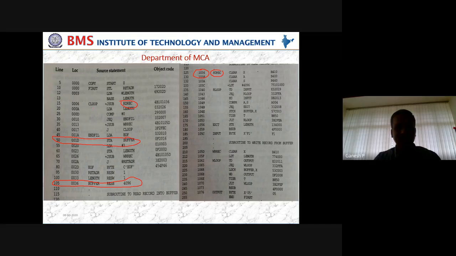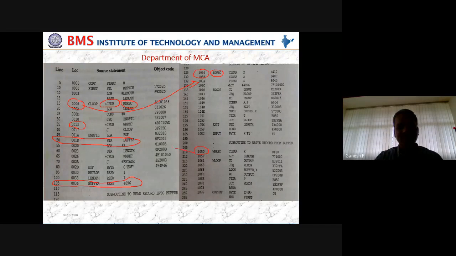From this location, that is 0006, to 1036, it is a very huge number which is beyond your 4095. So both PC and base cannot be used, and I am going to have the trouble of going to the format 4 instruction. Thereby we have seen plus JSUB here because the difference is beyond our limits. Similarly here, I am at 0013, my WRREC is at 105D.